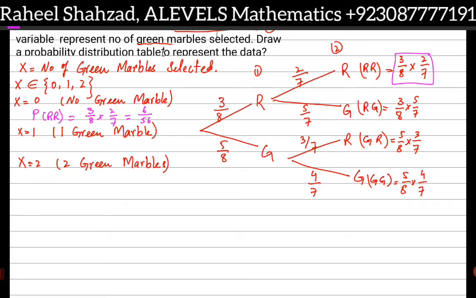Second, x is equal to 1. That means we have one green marble. So one green marble is coming here, and here there is a concept of OR. So that will be probability of green and red, or probability of red and green.